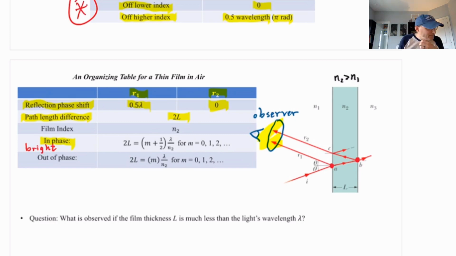Well, what I need is that path length difference, 2L, to result in an additional phase difference that's either 0.5 lambda, 1.5 lambda, 2.5, 3.5, 4.5, an odd half integer multiple of lambda, so that when that's combined with the 0.5 lambda that I already have from the reflection, I'll get an effective integer multiple of lambda, and then they'll be in phase. That makes sense?